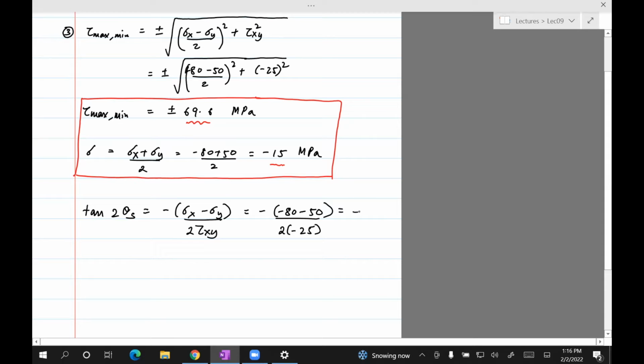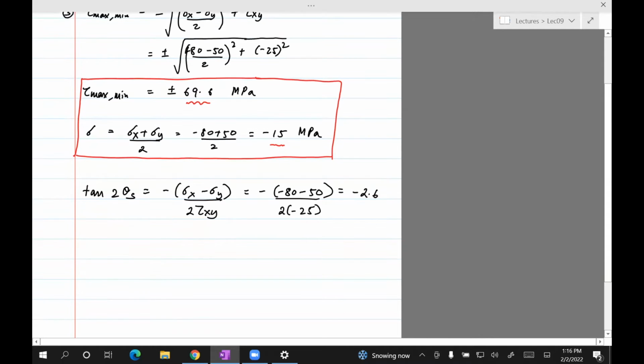So that comes out to be negative 2.6. Okay, so using inverse tangent, we get 2 theta s equals minus 69 degrees. So theta s is minus 34.5 degrees.